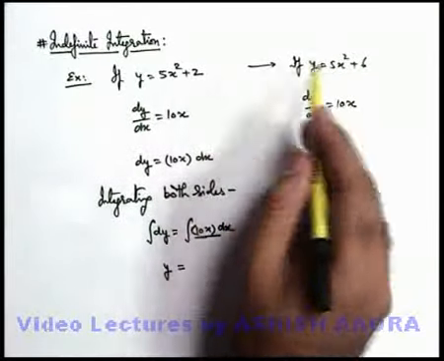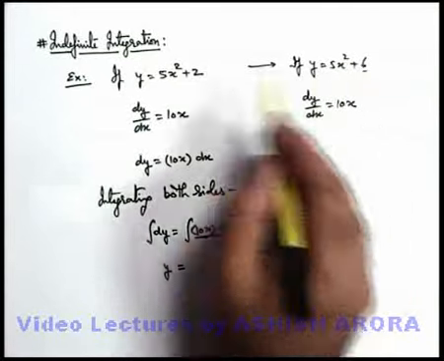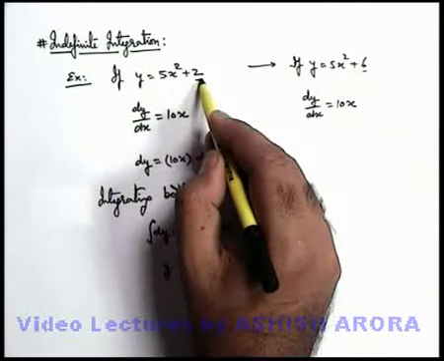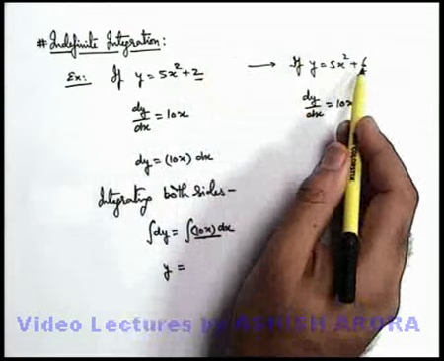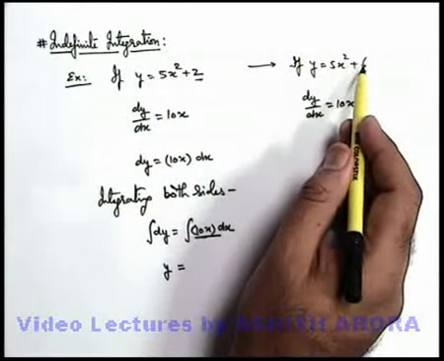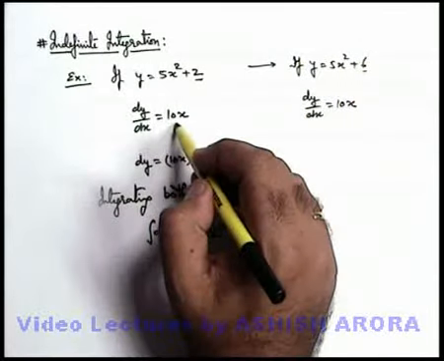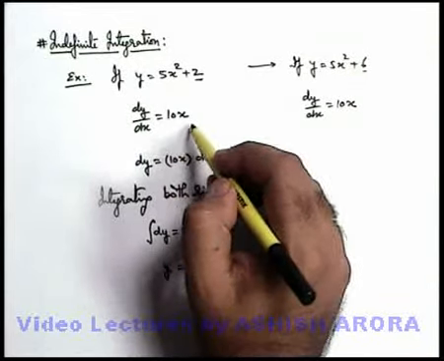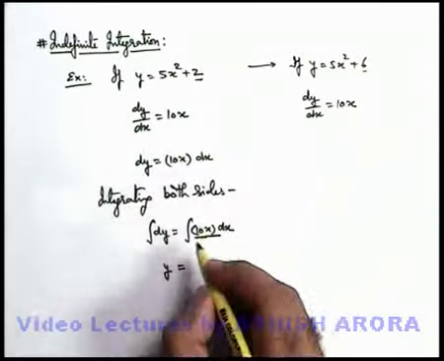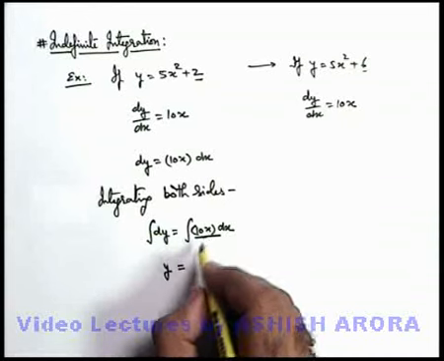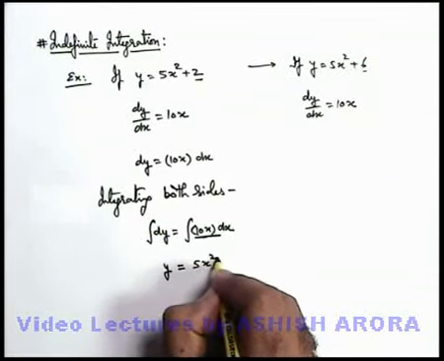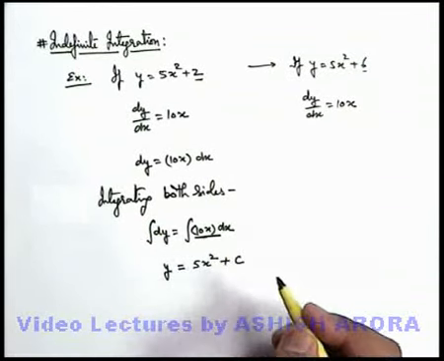But in these two expressions, you can see the difference is that of the constant only. Here if it is 2 or 6 or any other value, differentiation of this function would have just remained 10x. So here integration of 10x can simply be written as 5x square plus any constant.